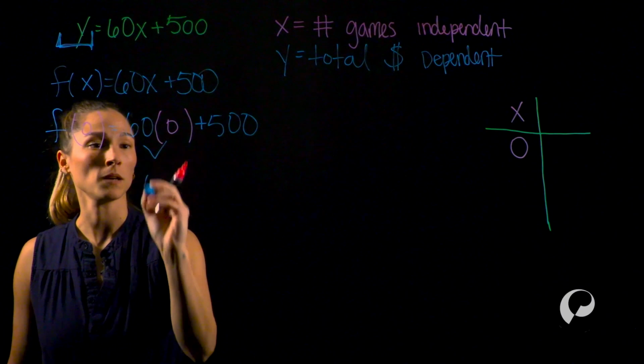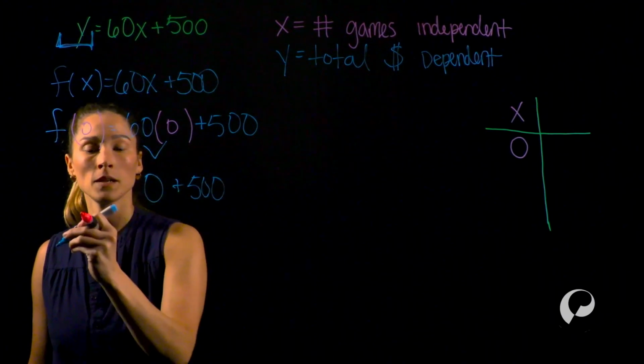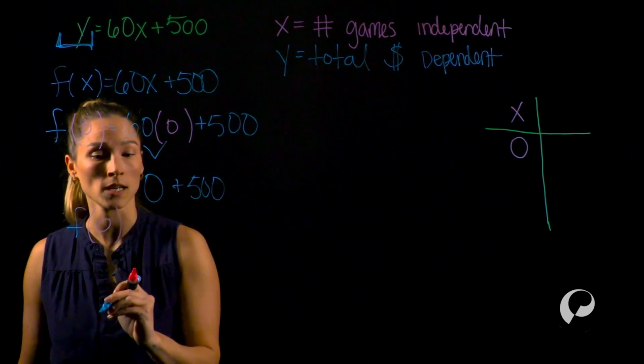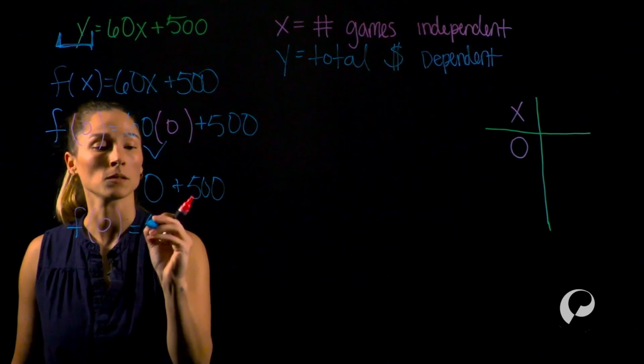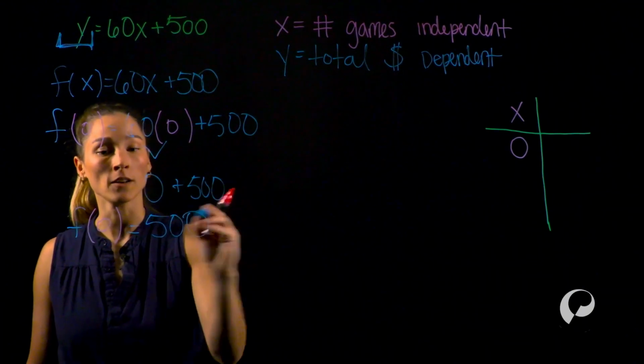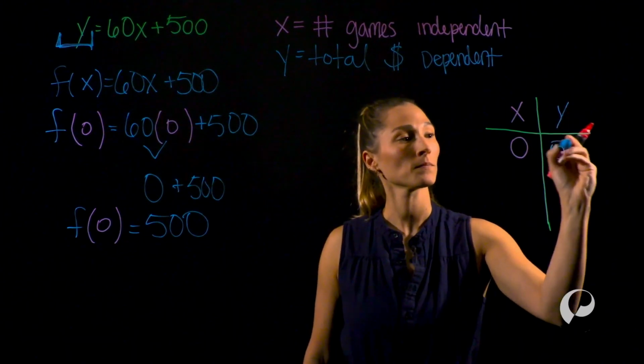So we know we will have 0 plus 500, and we know f of 0, this is your notation, f of 0 equals 500. 500 is the output value, 0 is the input value.